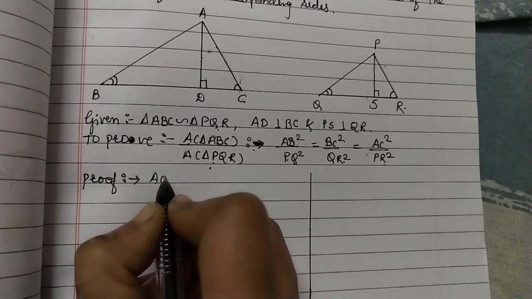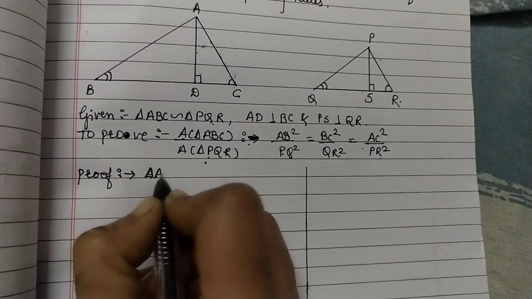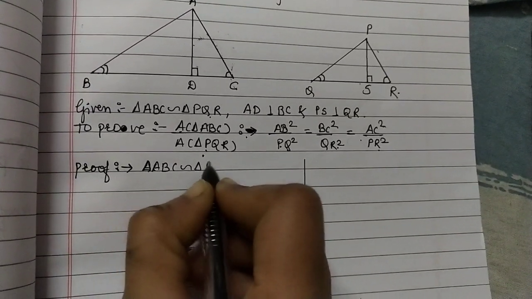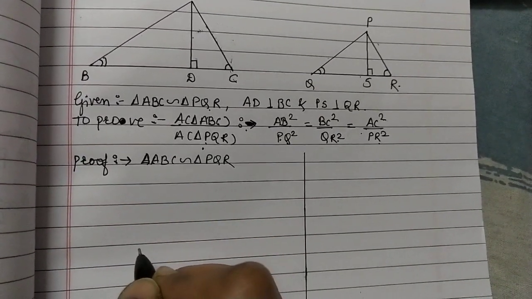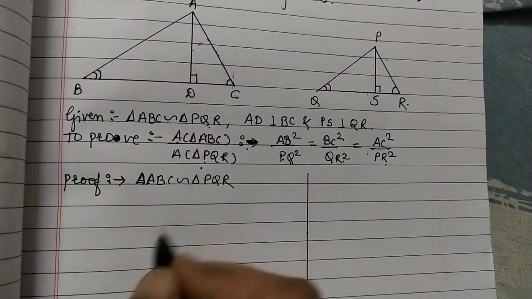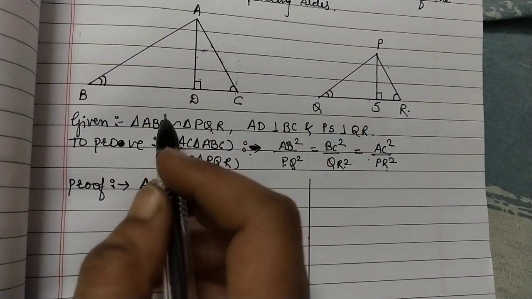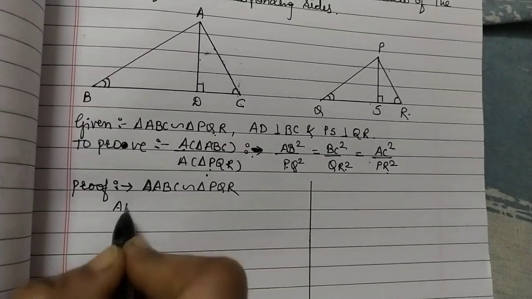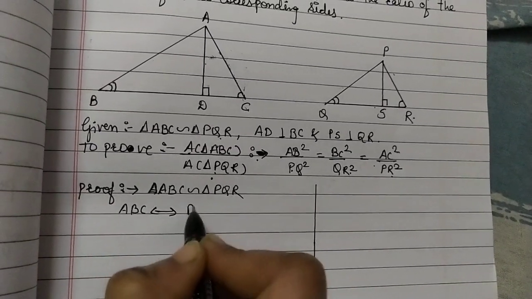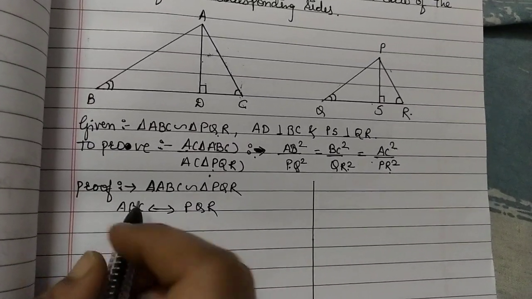It is given to you that triangle ABC is similar to triangle PQR. Now if they are similar, their sides must be in proportion. So the correspondence we have taken is ABC corresponds to PQR.